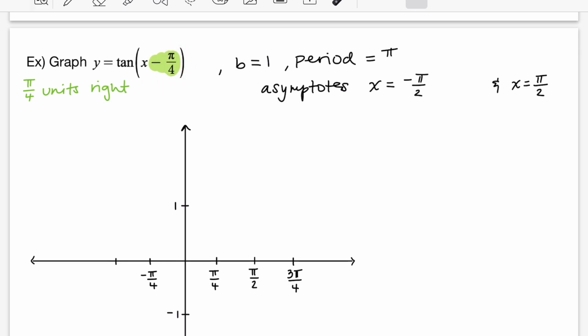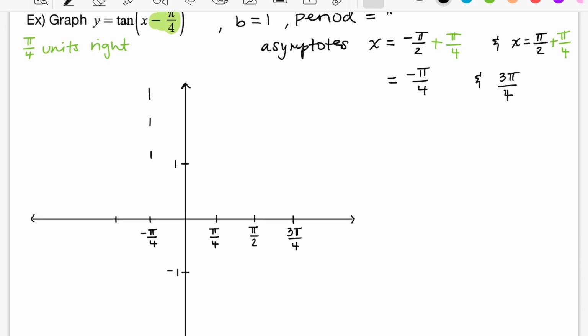But since we're shifting our function pi over 4 units to the right, this means our asymptotes then are going to be shifted pi over 4 units to the right. So this tells us our new asymptotes are going to be minus pi over 4 and 3 pi over 4. Alright, so we'll draw these asymptotes here. Minus pi over 4 and 3 pi over 4.